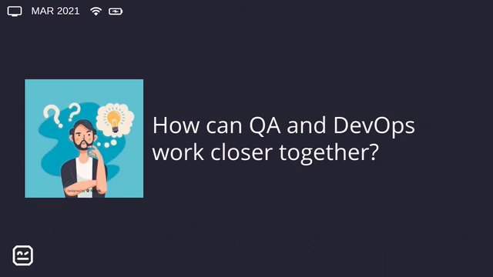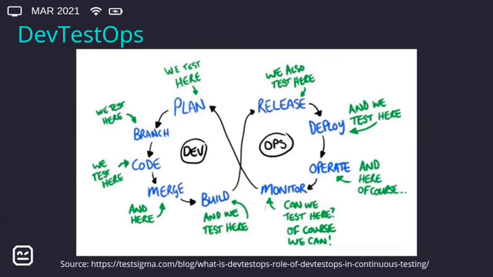So Kubernetes is great, but how can QA and DevOps work closer together? Thankfully, there's a concept we can adapt, which is called DevTestOps. DevOps as a principle describes this infinite loop of plan, branch, code, merge, build, release, deploy, operate, monitor, and then starting again with planning.